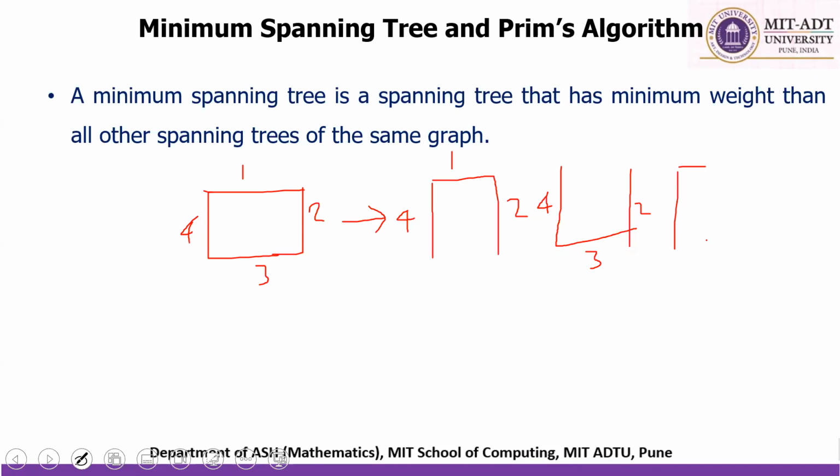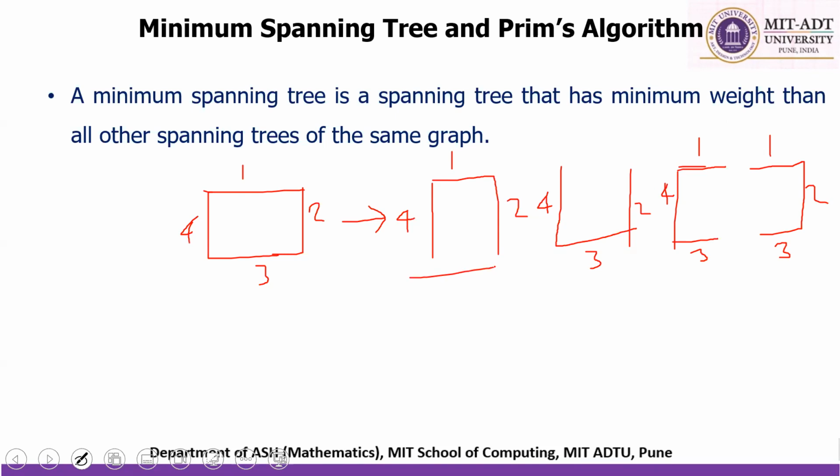Then we have a third spanning tree, 1, 4, 3, and then the fourth spanning tree, 1, 2, 3.